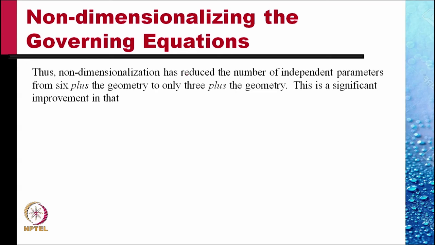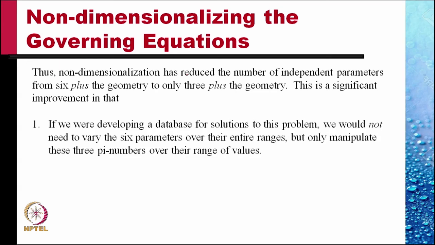This is a significant improvement in that if we were developing a database of solutions to this problem, we would not need to vary the 6 parameters over their entire ranges, but only manipulate these 3 pi numbers over their range of values.